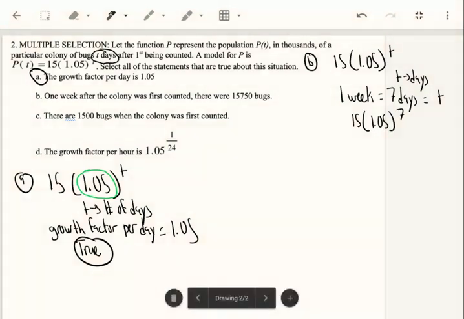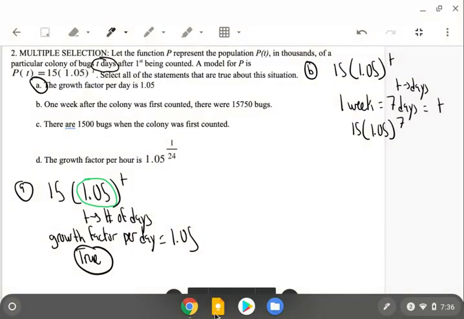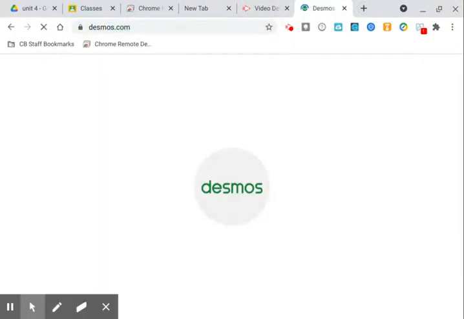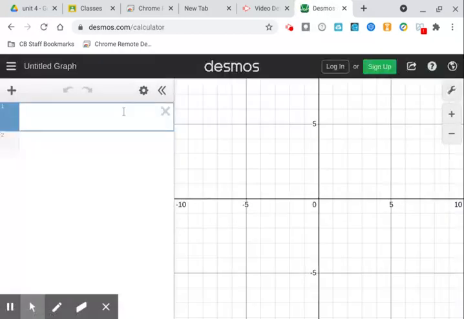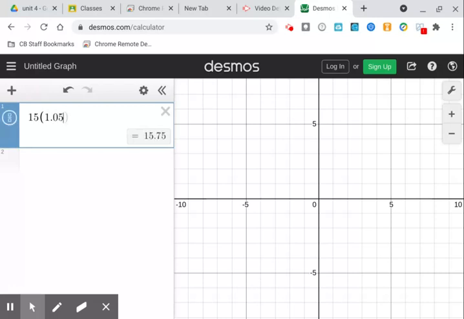So to do that, I'm just going to go on to Desmos. So on Desmos, 15 times 1.05 to the power of 7. Okay. And so that doesn't mean 21.1 bacteria.